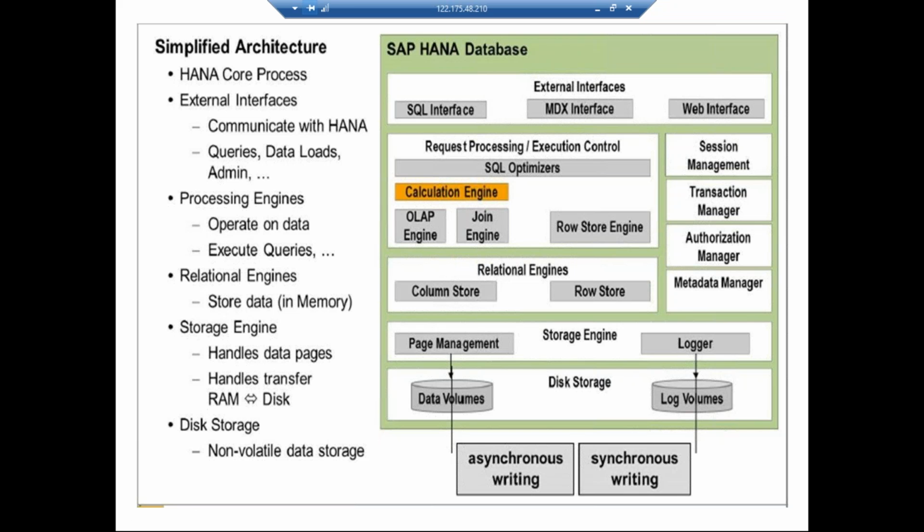The reason why they use the term simplified architecture is that later on we are going to learn about the service level architectures also, the different kinds of services and all that. That's a little bit later stage. So that's why it's called simplified architecture.